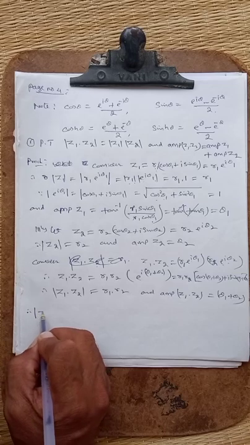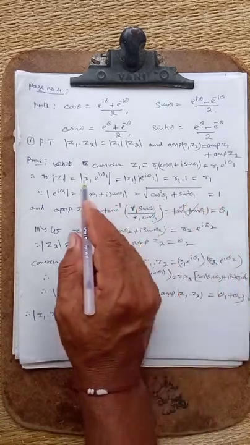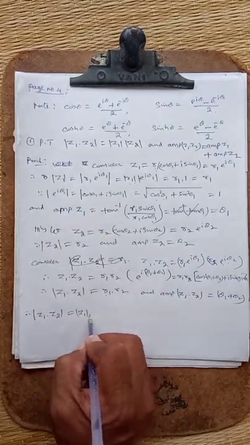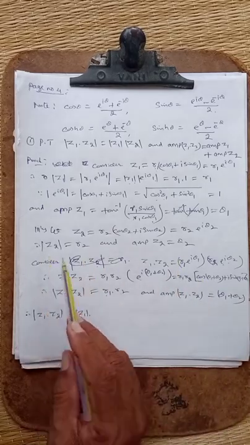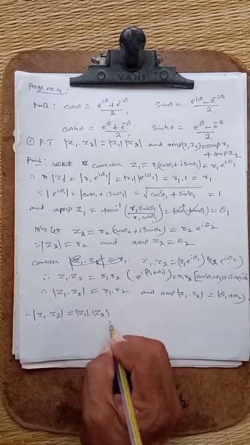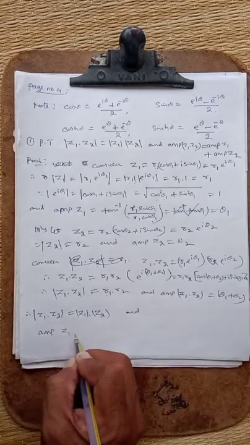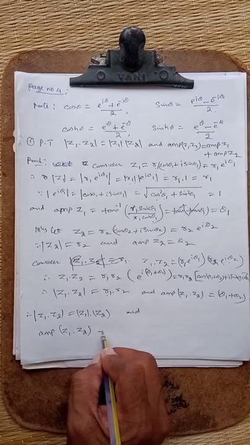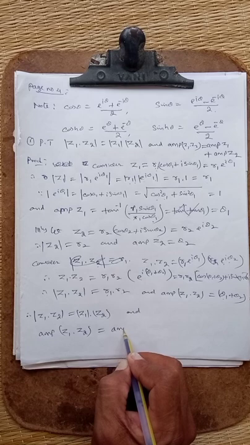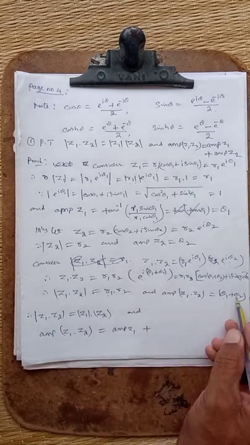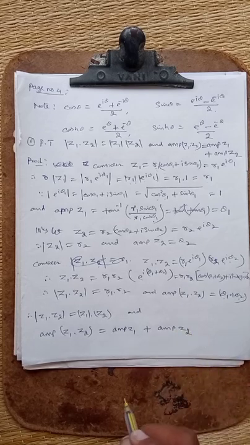So this implies modulus of z1 into z2 equals r1, which is mod z1, into r2, which is modulus of z2, and amplitude of z1 into z2 equals theta 1, which is amplitude of z1, plus theta 2, which is amplitude of z2.